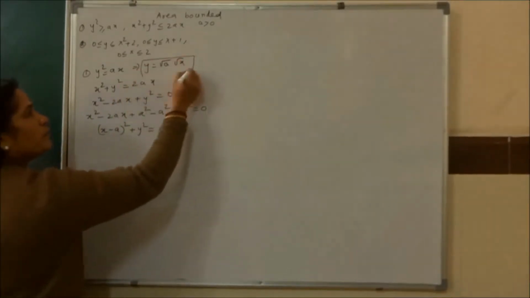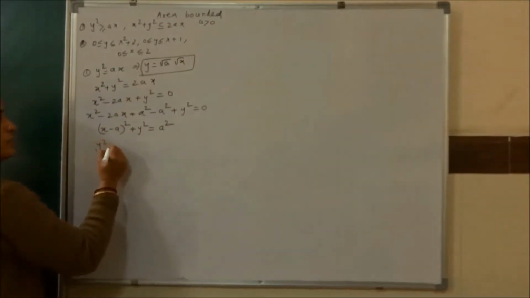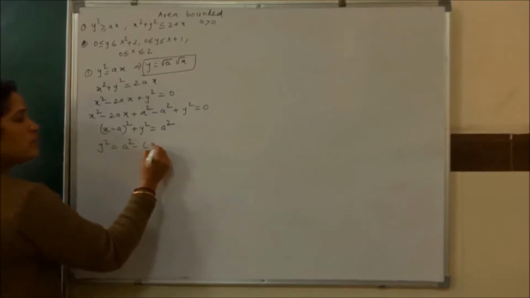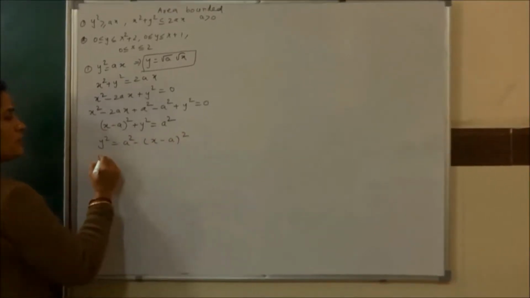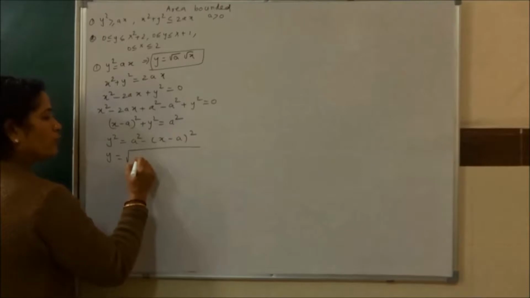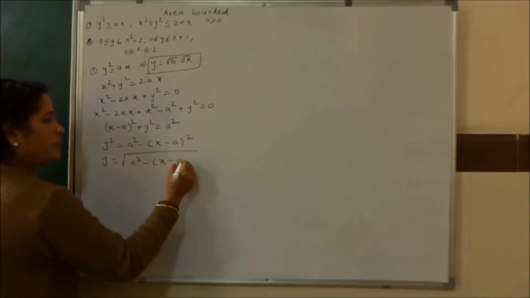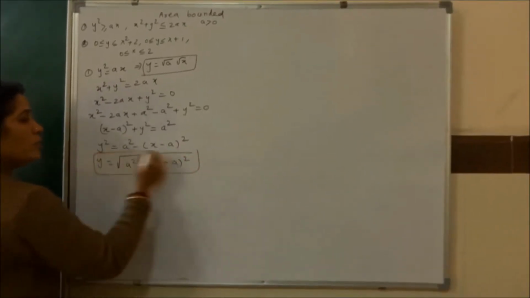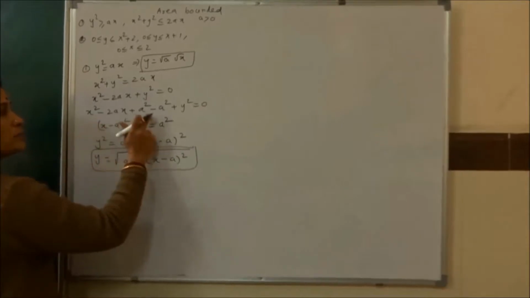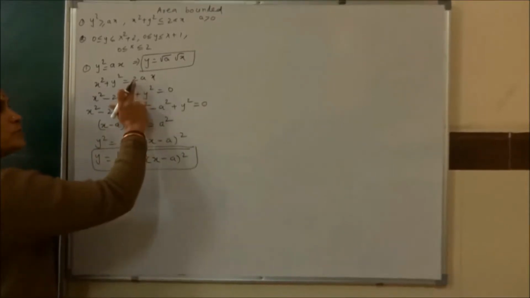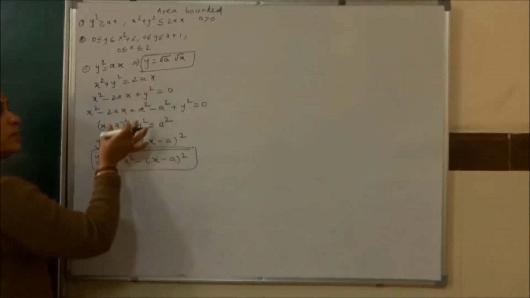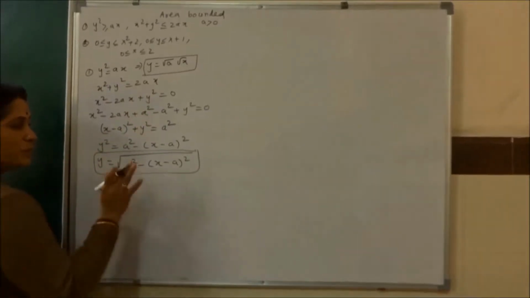Now we are getting the circle equation properly. One integrand function is this one, and the other is y square equal to a square minus x minus a whole square. This implies y equal to under root of a square minus x minus a whole square. Clear to you how to do completion of square? If it is equal to something external, then you make it into this type of circle equation.